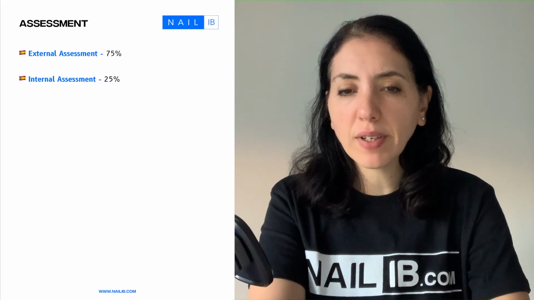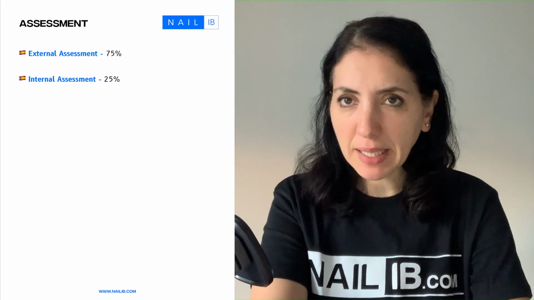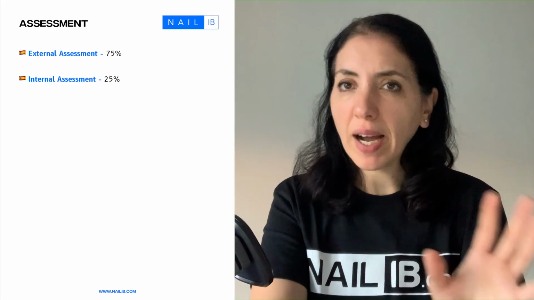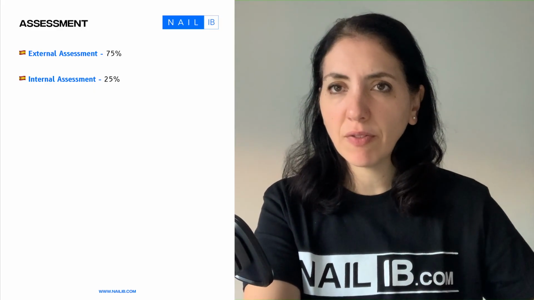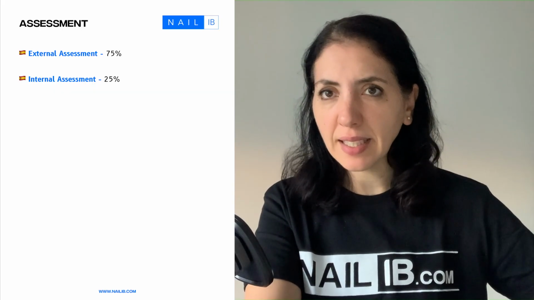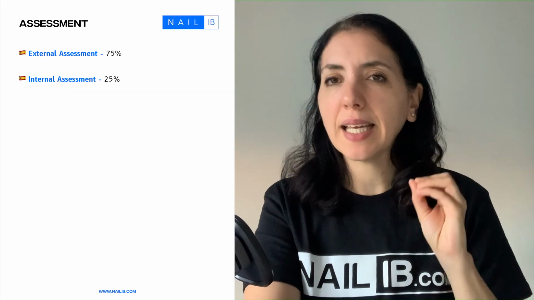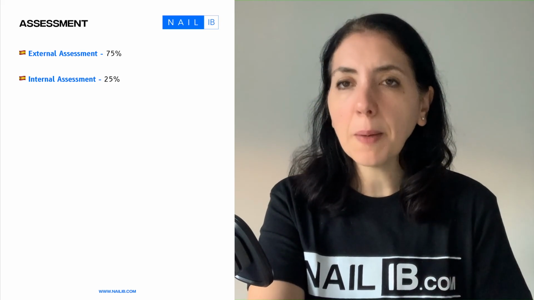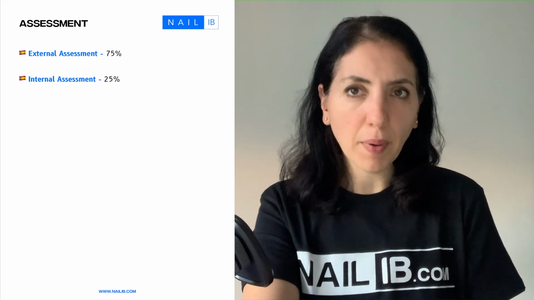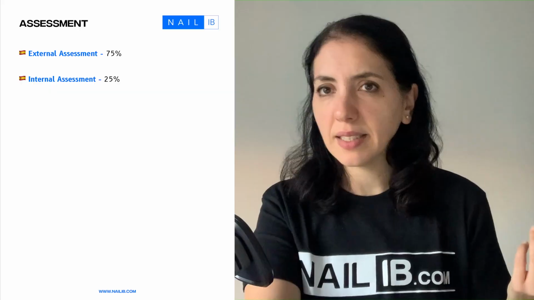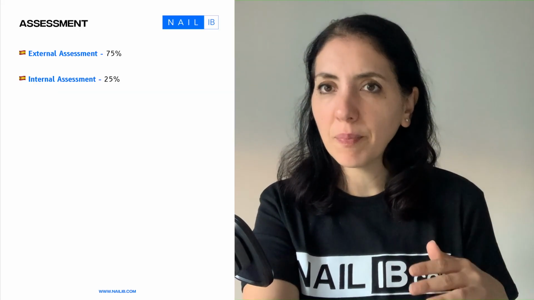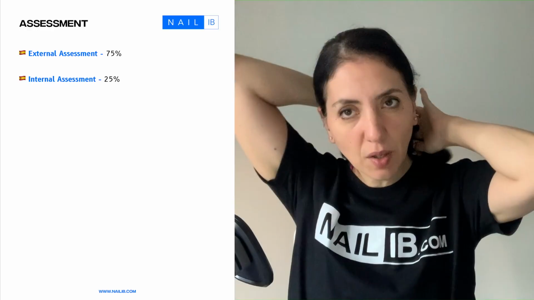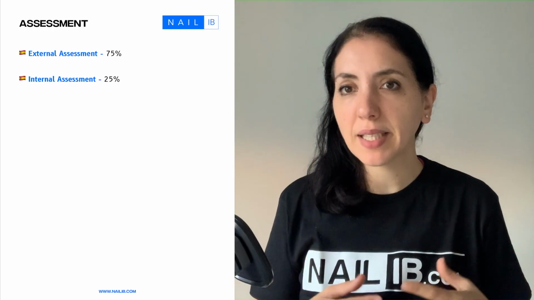In terms of the assessment that the exam has, we're going to have a final grade that is going to be 75% externally assessed and 25% internally assessed. You know that the internal assessments in IB are graded by your teacher, but these marks are later sent out to IB, and IB asks for random samples, and these samples get moderated.